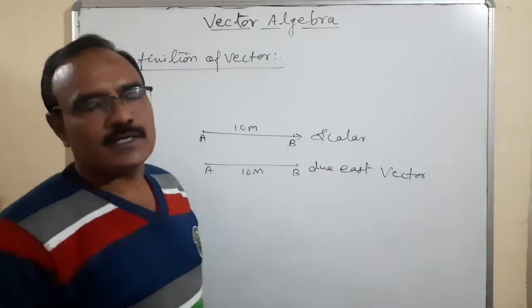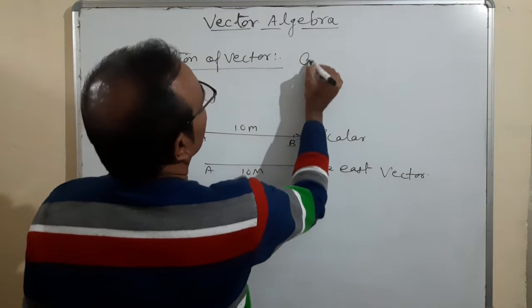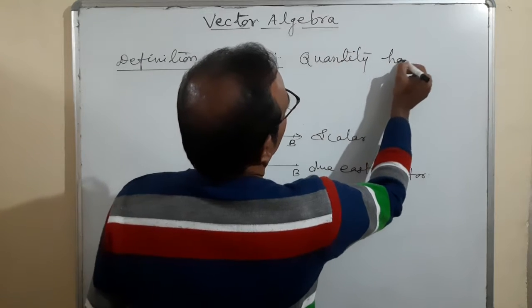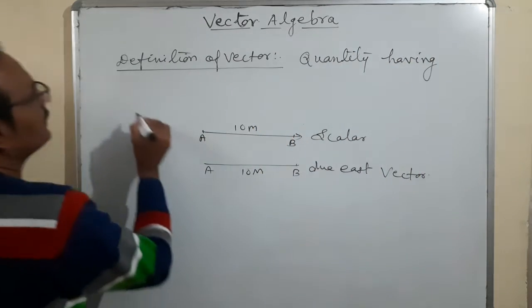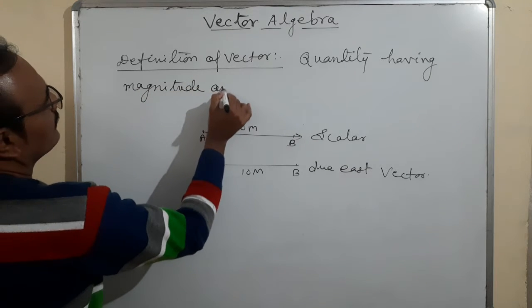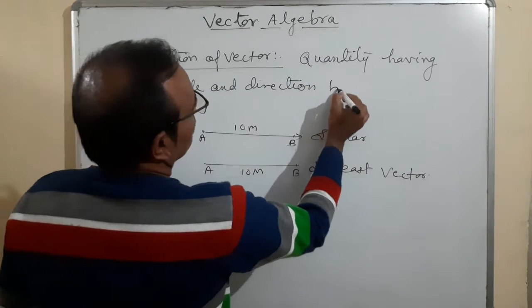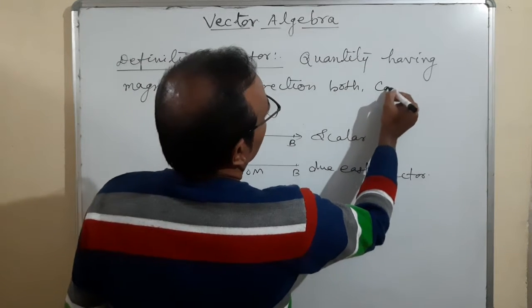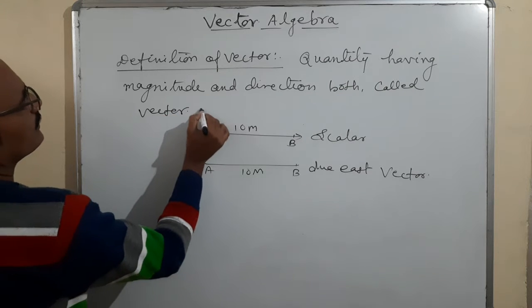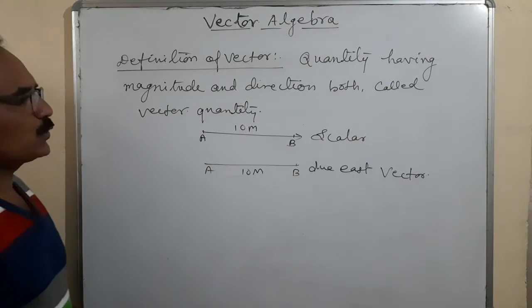The quantity which is having magnitude and direction both is called vector quantity. Is it okay? This is called vector quantity.